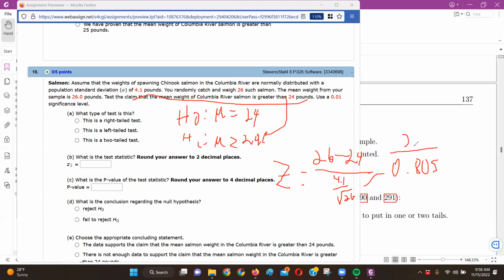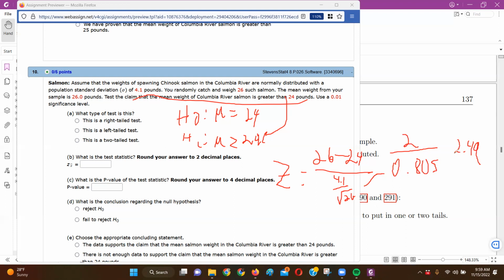And the top is 2. So 2 divided by that number, and I'm just going to let my calculator carry that. So I'm getting a Z-score of 2.48, 2.49, I guess. So then we're going to put that into David Lane, or you can look that up in a table.